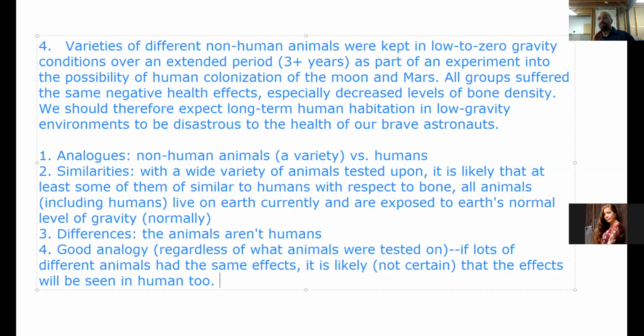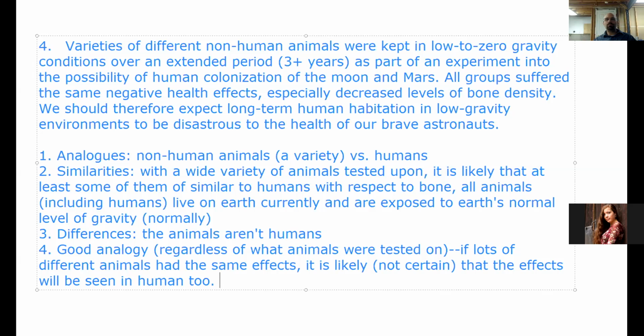And that's all you need for a good inductive argument. You don't need to know that the conclusion is certain. You just need to think that it's likely or that it's reasonable to believe it. And in this case, whatever animals were tested on, I think this would indeed give us some good reason to be reticent about what the effects of long-term low-gravity environments would have on human beings.